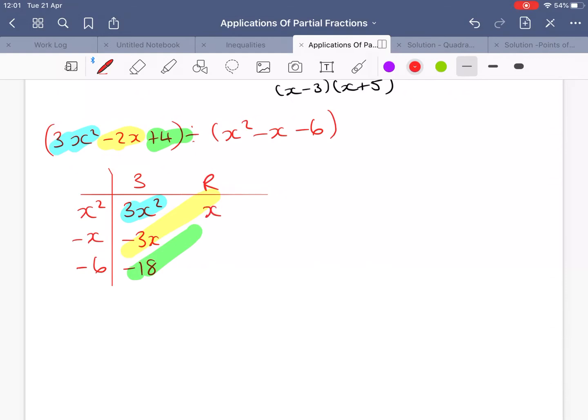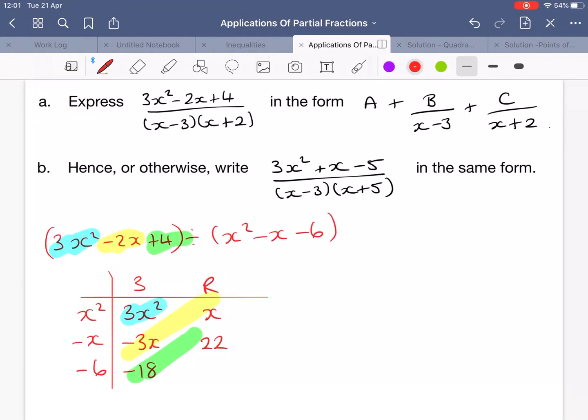And I've got a minus 18, but really I need a plus 4. So I need a 22 there. So the first step is I can write that my 3x squared minus 2x plus 4 over the two brackets is 3 plus x plus 22, still to be divided by the x minus 3 and the x plus 2.